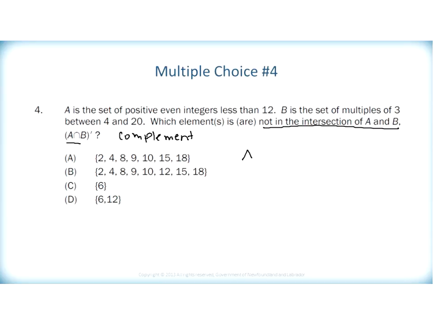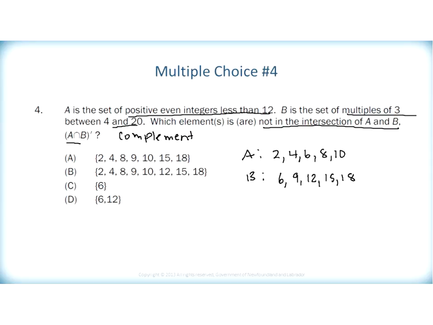So in set A, there's a set of positive even integers less than 12. So that would be 2, 4, 6, 8, 10. In B, it's the multiples of 3 between 4 and 20. So that would be 6, 9, 12, 15, 18.